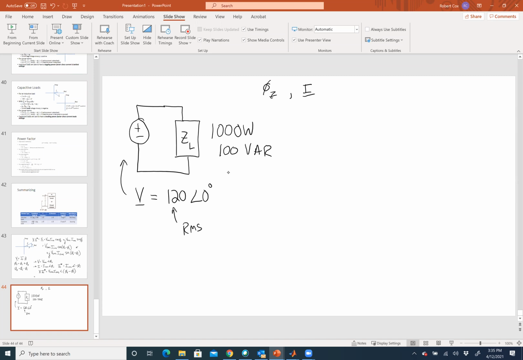Let's start with the angle. We already have the angle of V, it's 0 degrees, so we just need to find the angle of the current. What do I have here that tells me this is 1,000 watts and 100 VARs? A P and a Q. P plus jQ. So Stephen, which one is which?